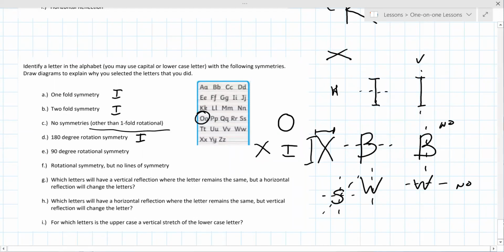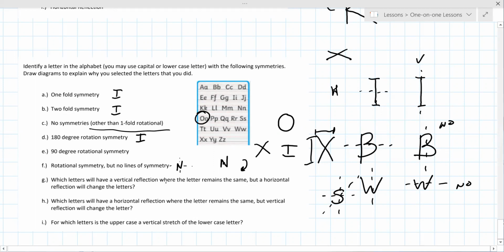N looks like a good choice for that, because if you rotate it 180 degrees, you get back to an N, but it doesn't work horizontally or vertically. I thought it worked if you cut it straight down the middle and flipped one side. I think it'd still be the same, but I don't know if that's what they're asking. Well, rotational symmetry is either going 180 degrees or 90 degrees. Okay, so yeah, I think N would work for that then. Yeah.